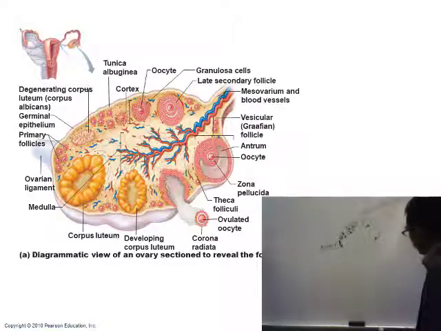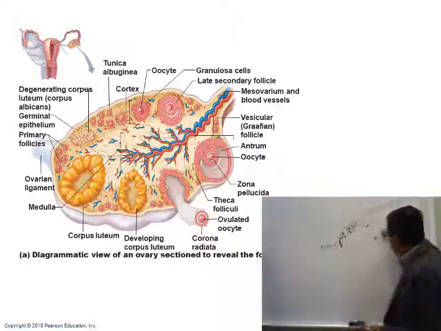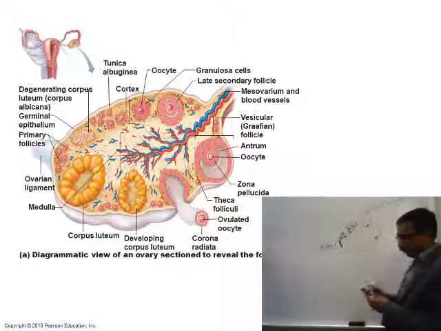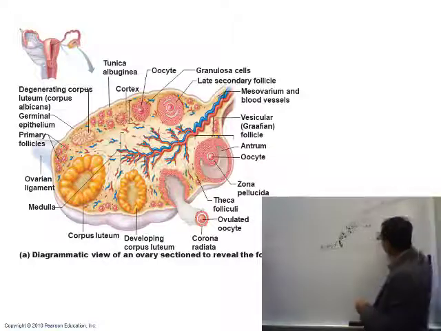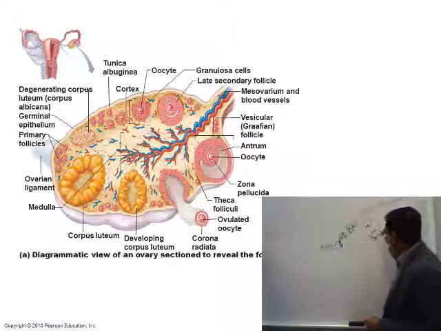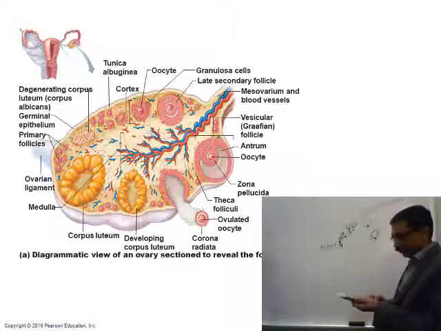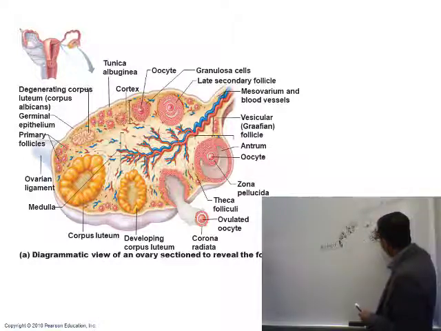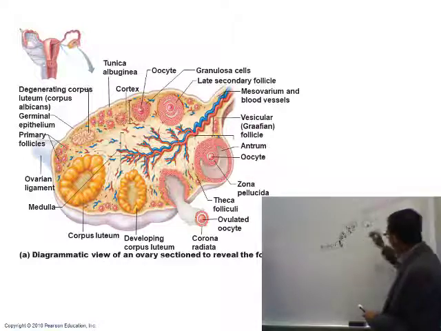Now, this is the most mature follicle. So you have other cells, then the oocyte or egg, and also you have a large cavity inside. This cavity is filled with fluid. So what happens?